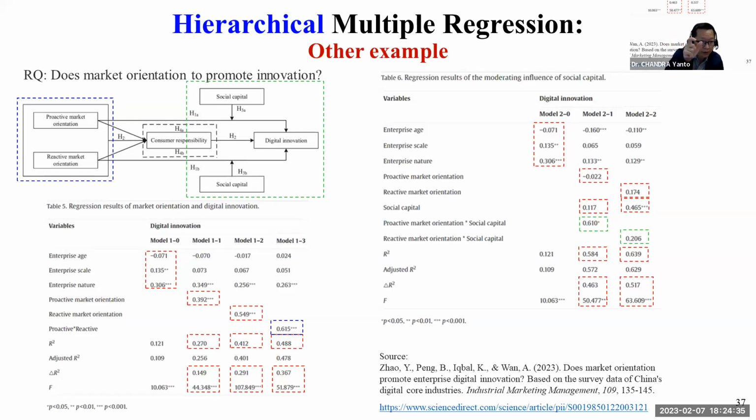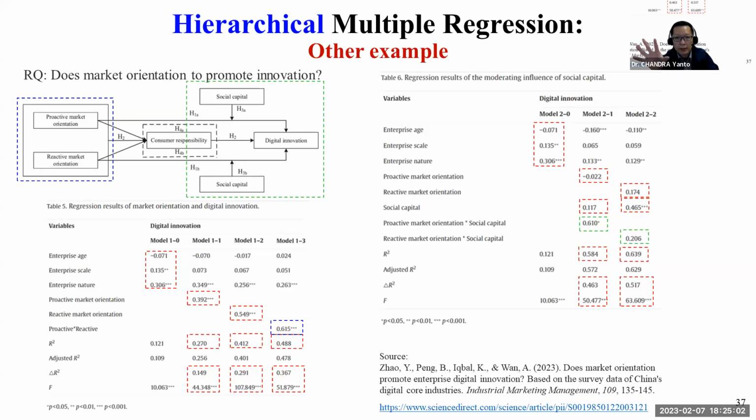So these are the 2 they're very interested in. They enter them in hierarchical regression step by step. And the key part that they want to test is the interaction between the proactive and reactive. And they found all of these are significant. The R square values are there, and the F test is all significant. And that is how they test the relation between market orientation and digital innovation.